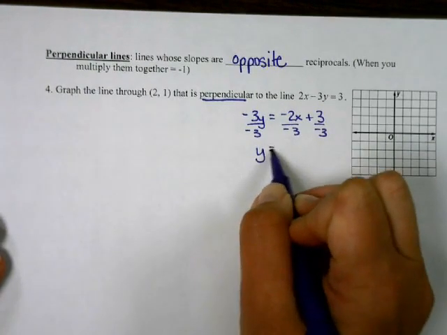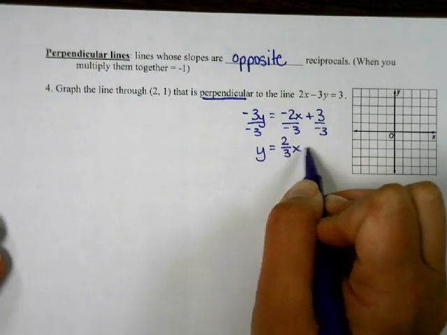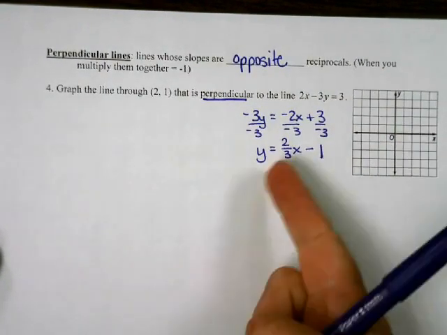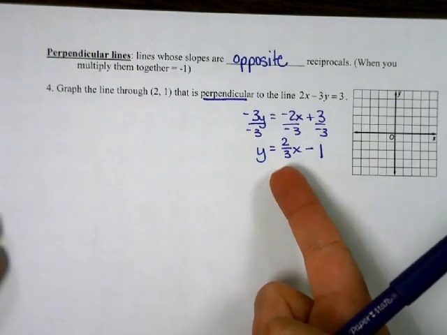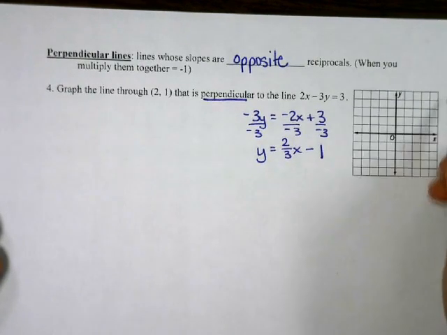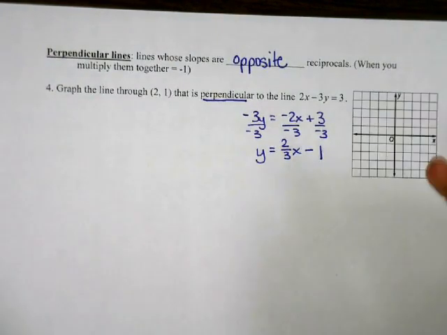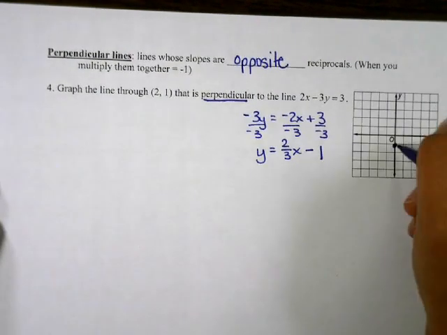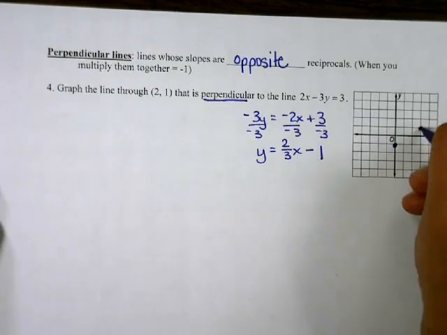So y equals positive 2/3 x minus 1. This line has a positive slope, and it starts at -1, so it's going to go this way. I'll go ahead and do it in purple. So -1, positive 2, so up 2, right 3.